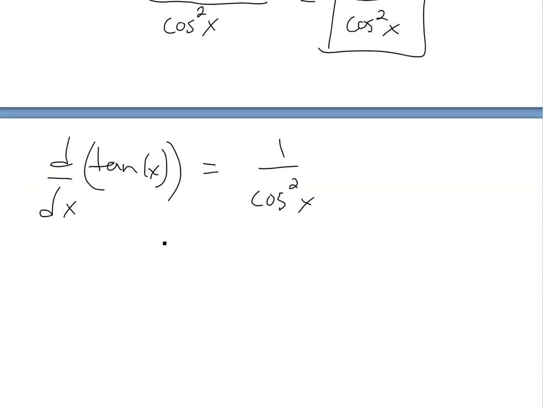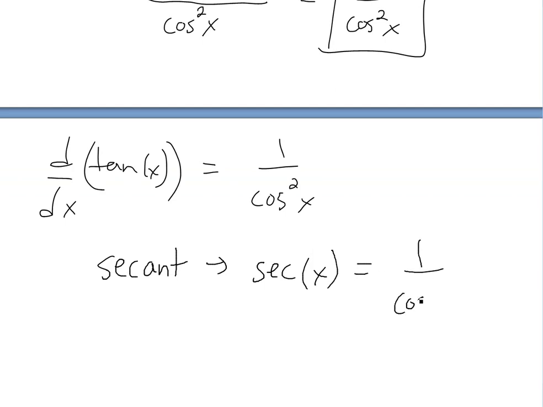And also we know that secant x is defined as 1 over cos x.